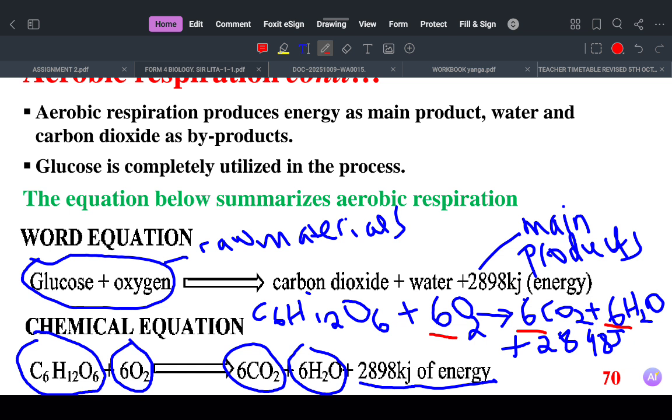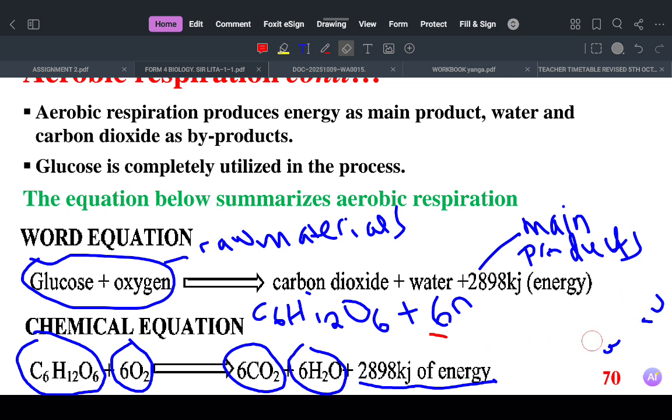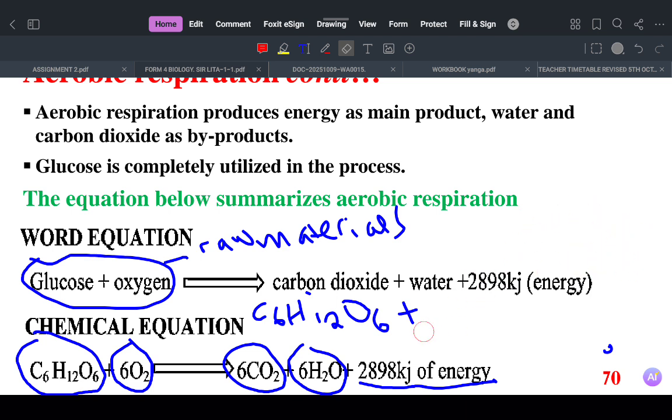Don't present a chemical equation which is not balanced. So this is a balanced chemical equation of a process called aerobic respiration. It requires the use of oxygen. Therefore, it is called aerobic respiration.